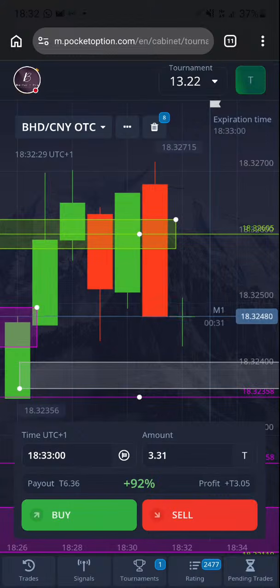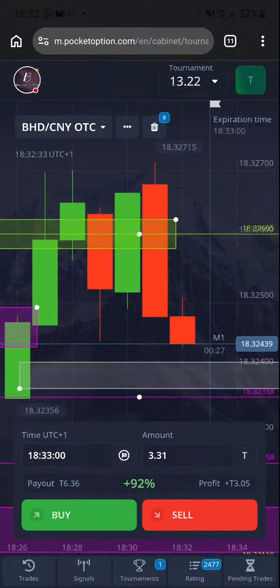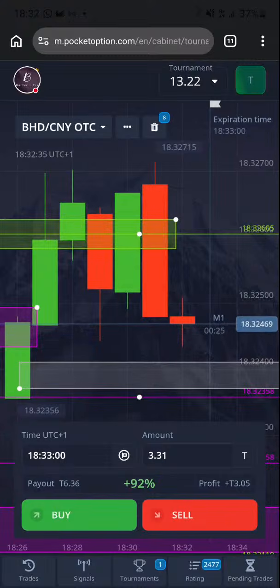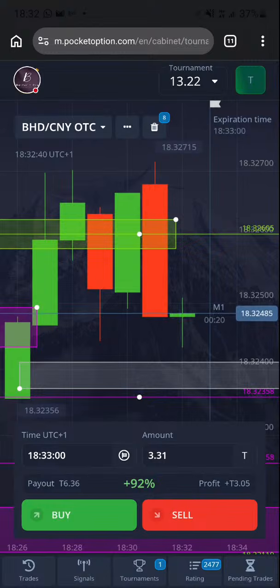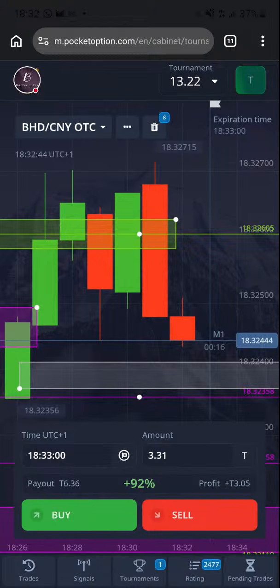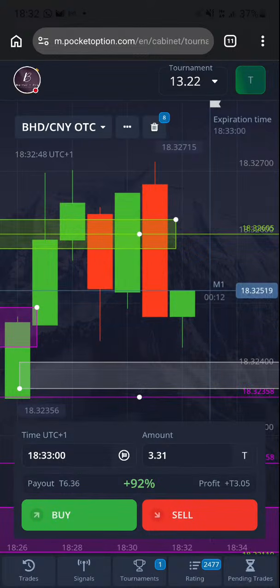Yes, I'm expecting a green candle, but this is where the entry is. This is a safe area where the buyers can really enter the market. It's down here.